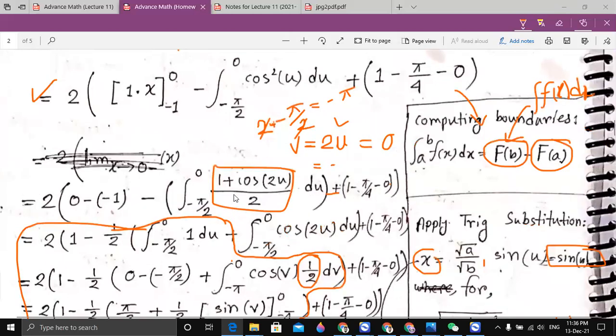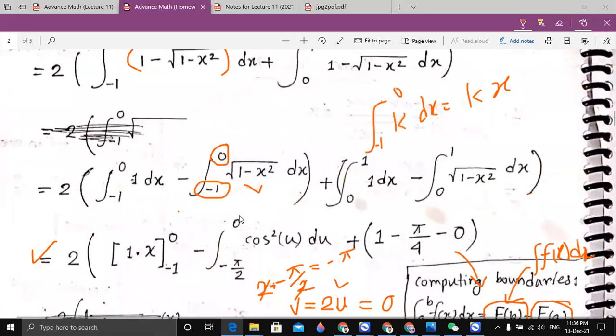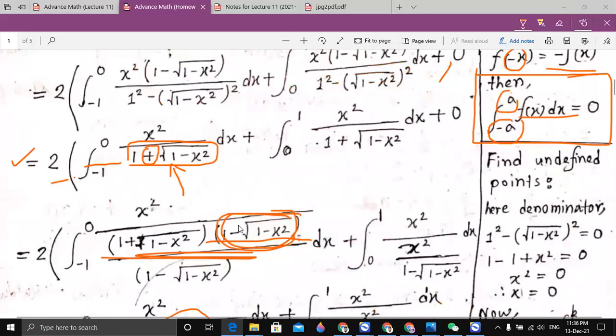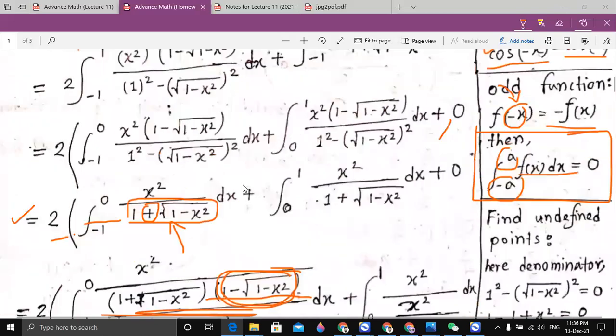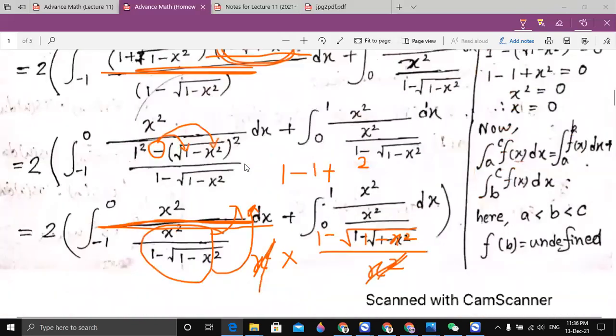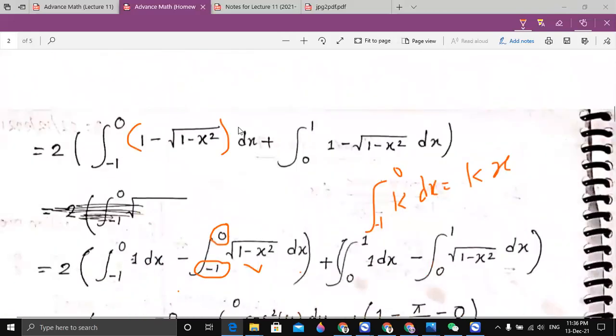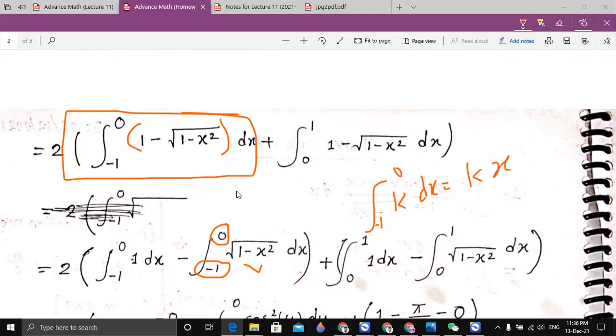So as for now, we have calculated which part? Only this part, okay? As for now, we have only calculated this part. And you can see that the functions are similar, right?